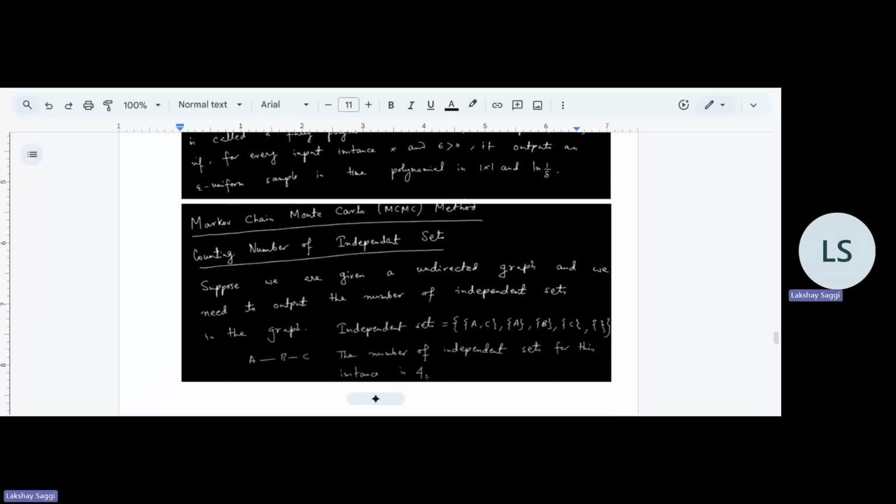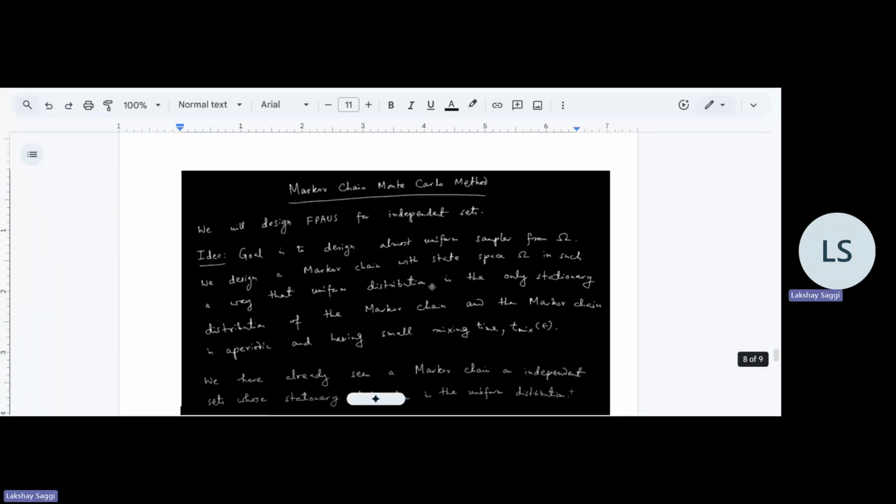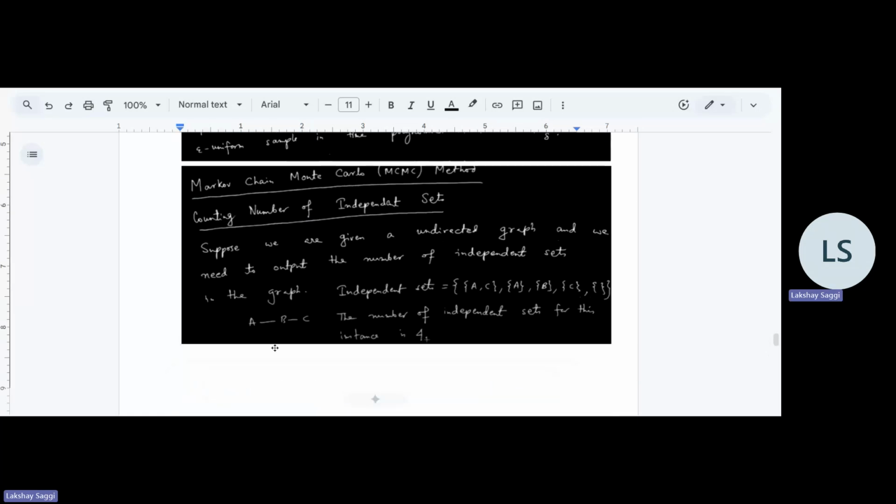And using these approximate samplers, one can also obtain FPRAS kind of algorithms. For example, it was discussed this week that suppose one wants to count the number of independent sets in a given undirected graph. In this given graph ABC, what are the independent sets?